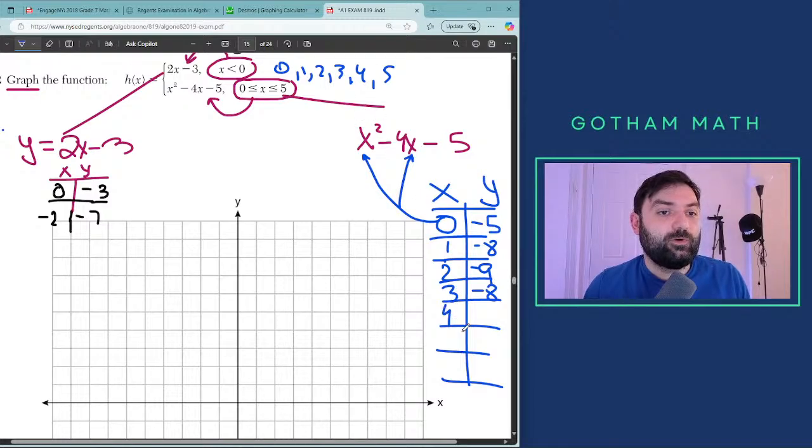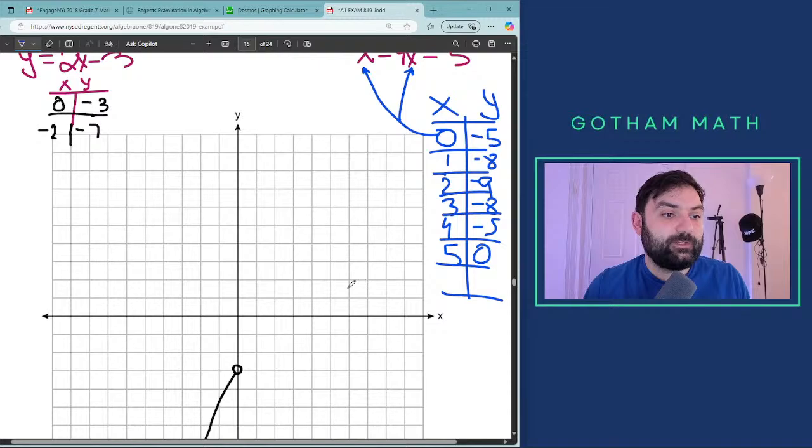If you plug in 4, it's going to be 16 minus 16, which is 0, minus 5, negative 5. And finally, the 5 is going to be 25 minus 20, which is 5, and 5 minus 5 is 0. That's it. You plugged in basically all of them, and now it's time to put it over here.